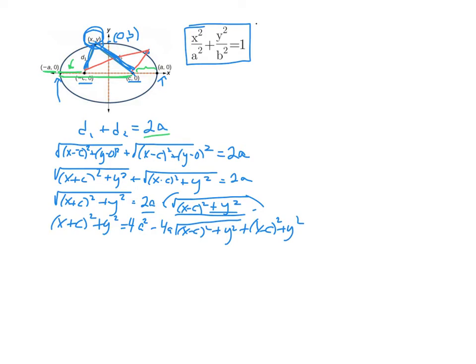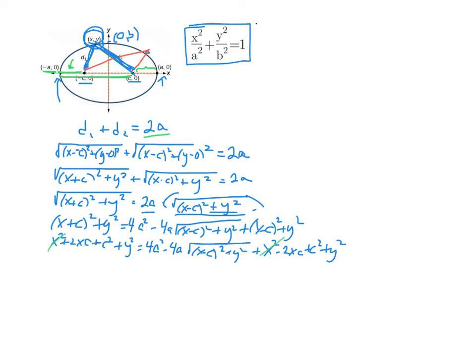Okay, and so now we're just going to simplify a little bit. I'm going to square that binomial. Still have this radical intact. And then (x minus c) squared would be x squared minus 2xc plus c squared plus y squared.